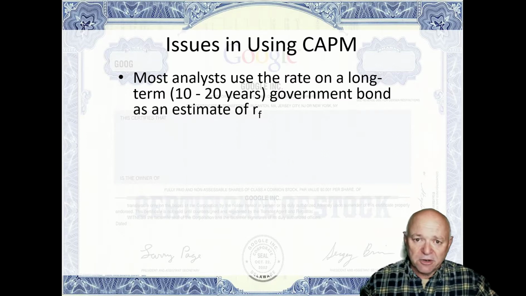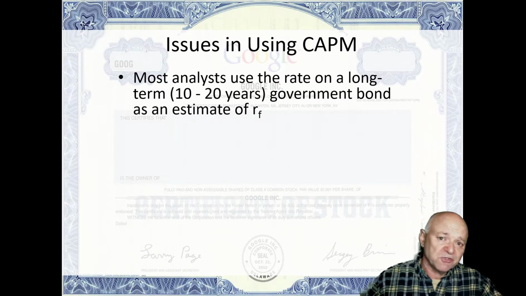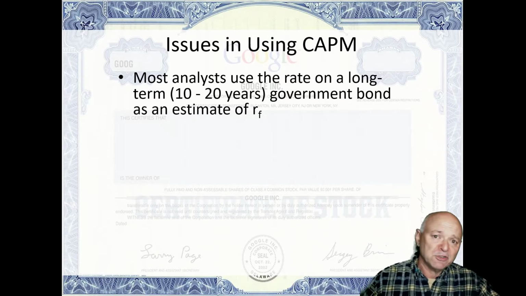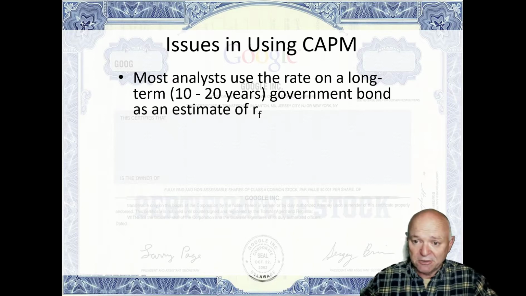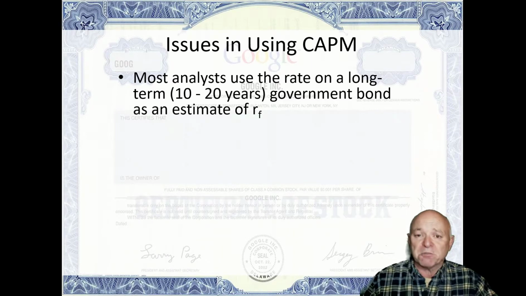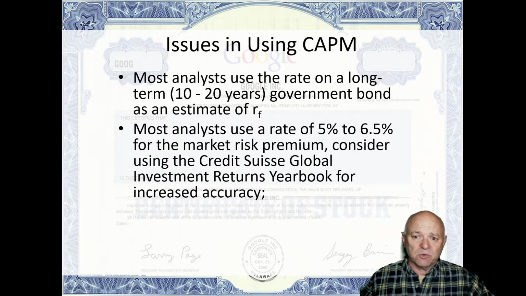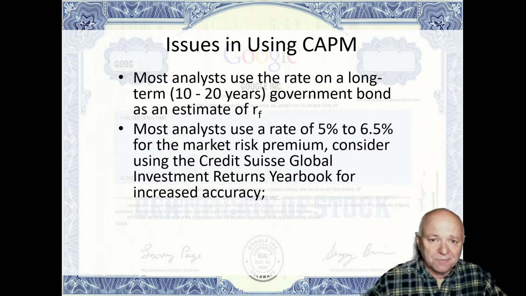And there are other liquidity factors that may affect the pricing of those bonds. So in many cases, analysts will also use 5-year bonds, so anything between 5 and 20 years. Personally, I would rather use a 5-year bond that's regularly traded, and that's especially true the way that markets are changing right now. So we can use a 5-year bond also as our measure of the risk-free rate.